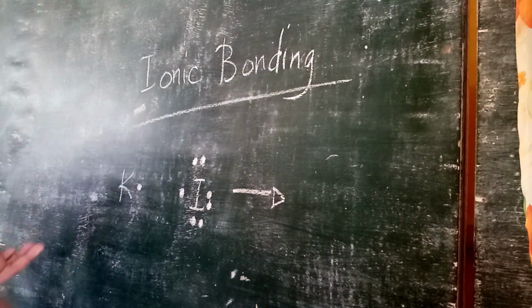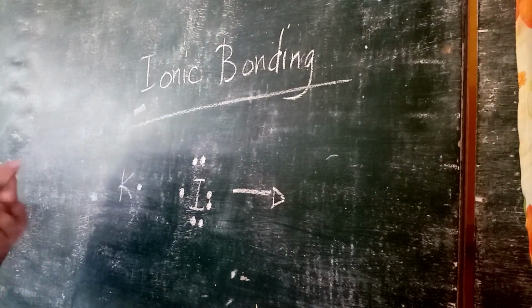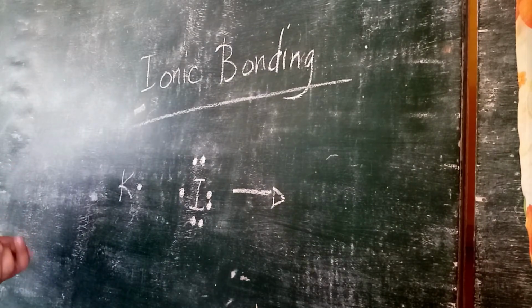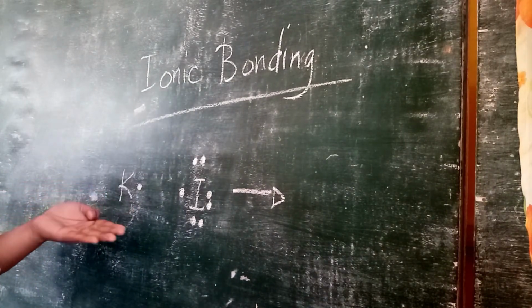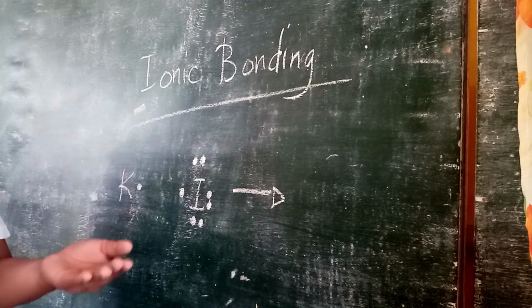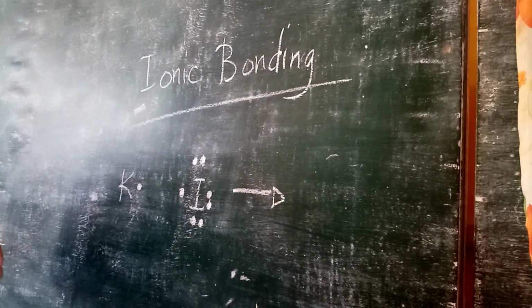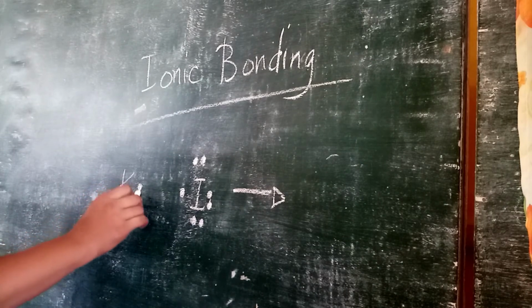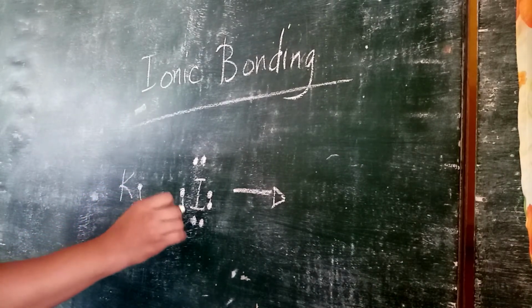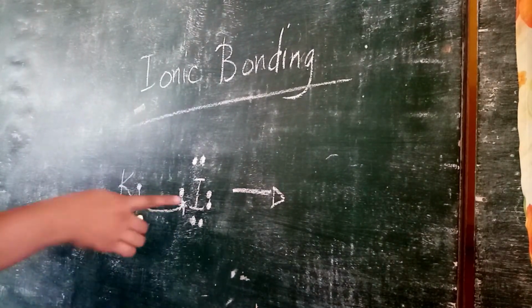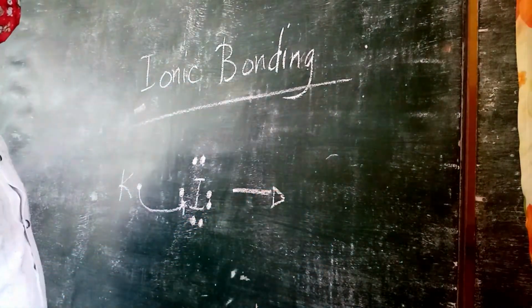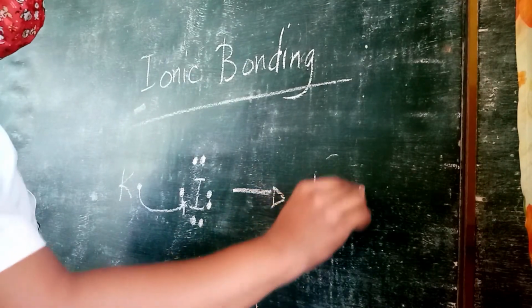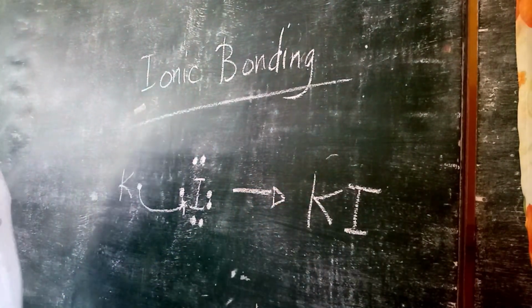Ideally, according to the octet rule, in order for a compound to be stable, it must have 8 electrons. What we will do, since potassium has only one, is transfer it to the other side so that the compound will be stable. So this one will be transferred here. Making that stable, the two of them will become stable, forming the compound potassium iodide.